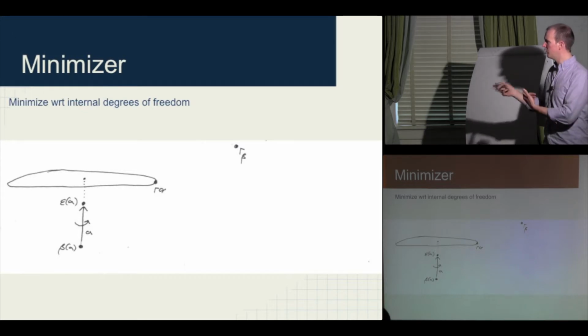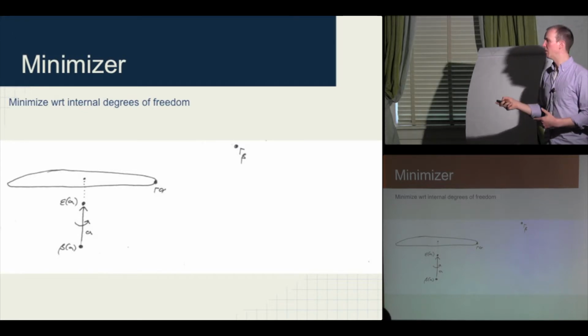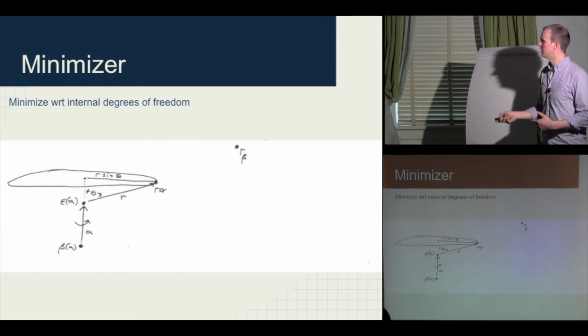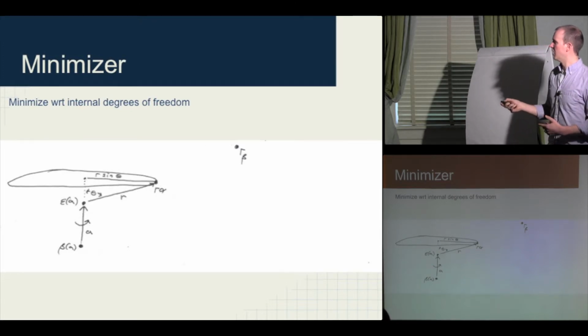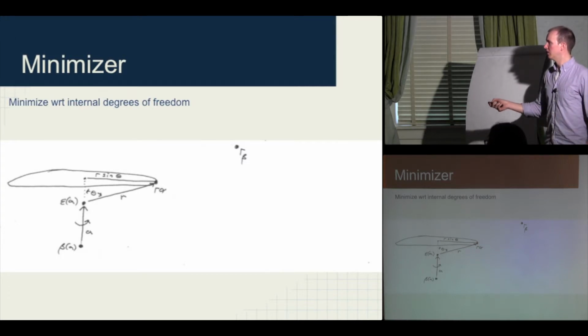So we're going to think about a unit of rotation about this axis A. We need to think about the vector that connects epsilon A to r alpha. So that's this vector r, the distance between them.